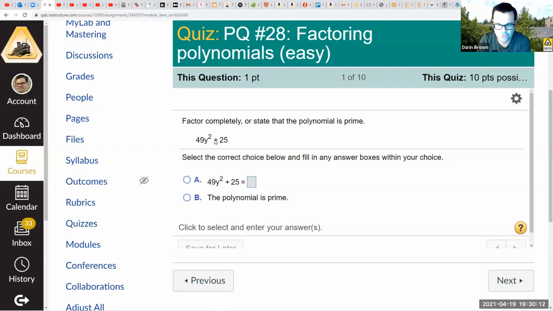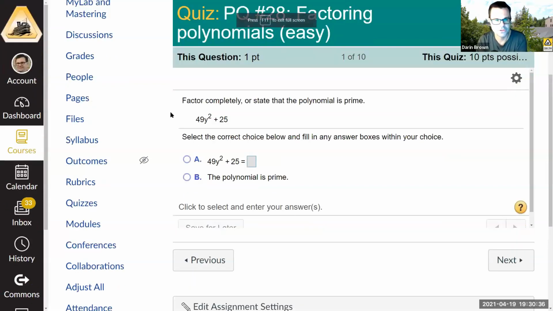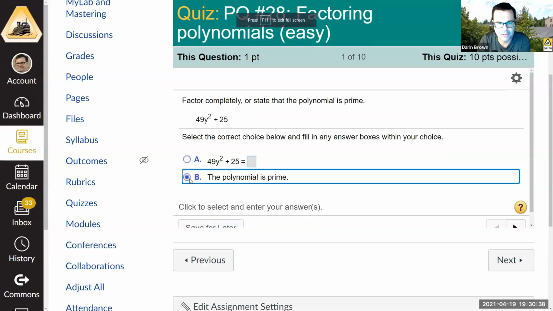If there are 2 terms, we're really only looking for those special formulas, a sum or difference of squares or cubes. Now 49y squared and 25 are perfect squares, so we have that in our favor. However, it's a sum. Whenever it's a sum of squares, that's not going to factor. So this polynomial is going to be prime.